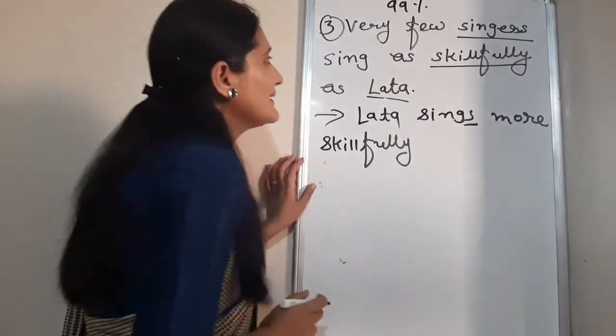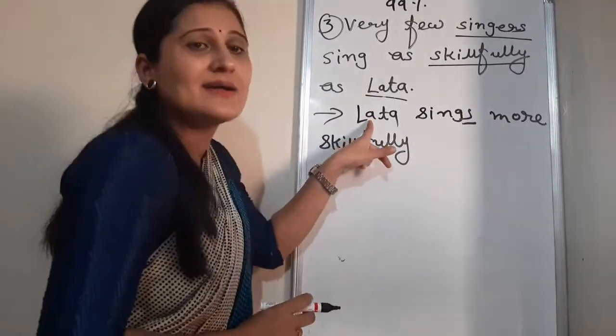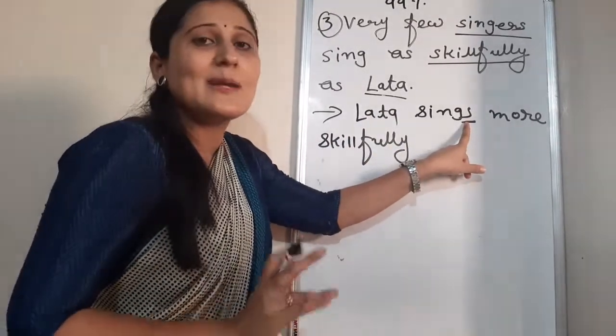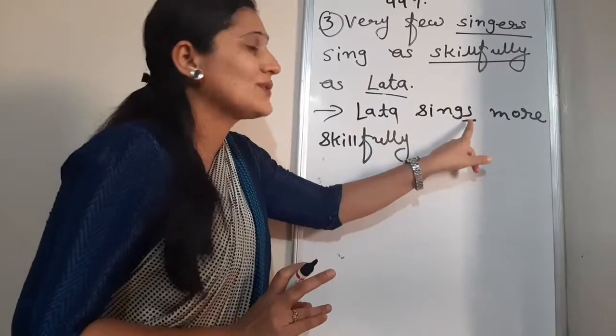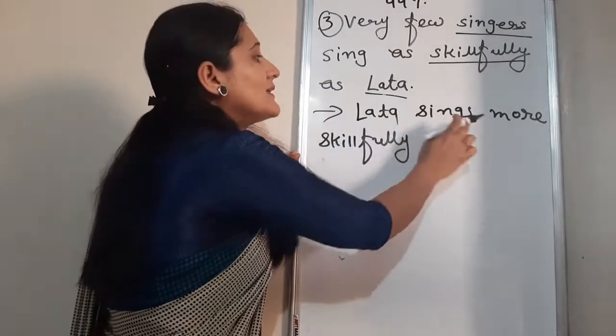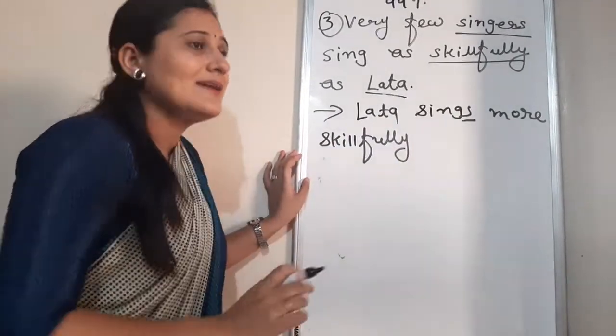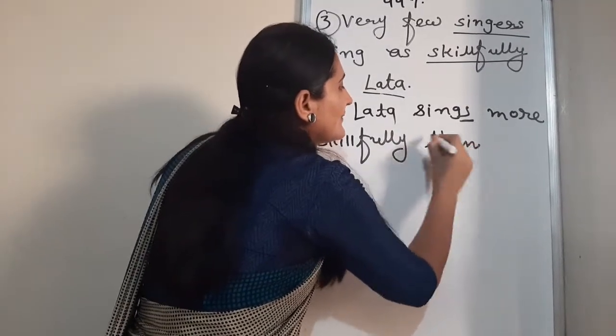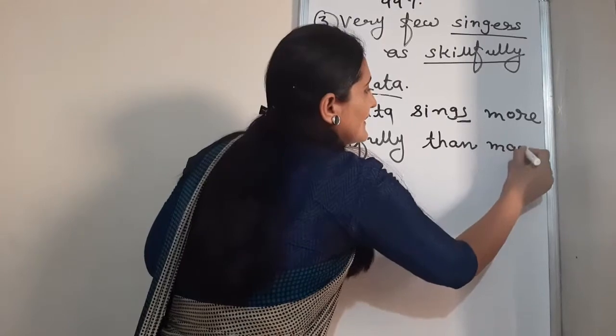Why have I added S? Because Lata. I, we, you, they, main verb; he, she, it, S or ES. So Lata is a girl, so we need to write S. Right? More skillfully, after that adjective, then many others.